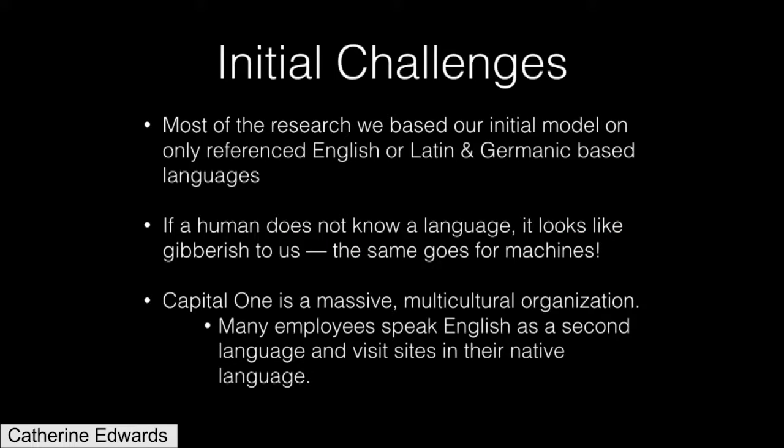There were obviously a lot of initial challenges. Like I said, machine learning is a very iterative process. And so the first thing that we immediately ran into was we were getting a pretty high number of false positives. The reason was that Capital One is a multicultural organization. We have tons of employees that speak English as their second language.